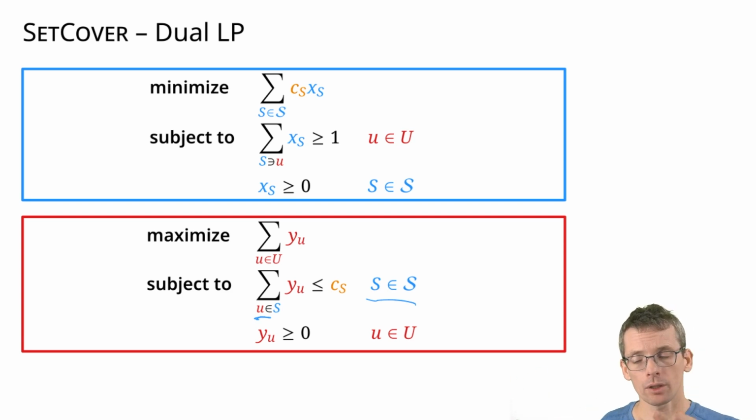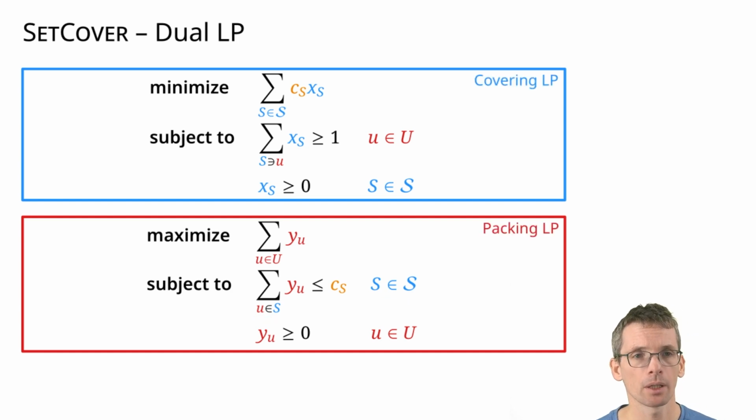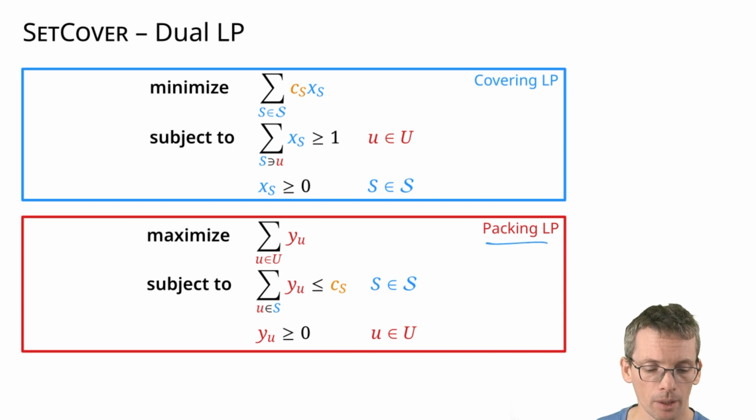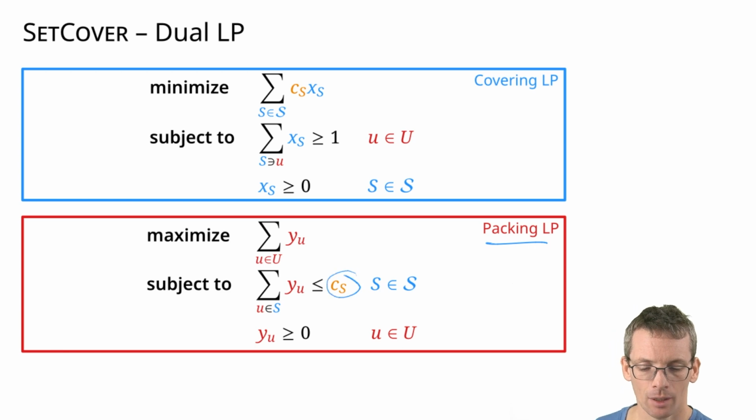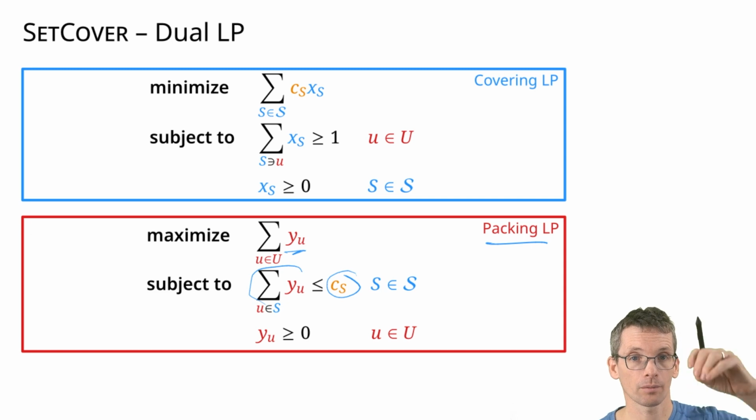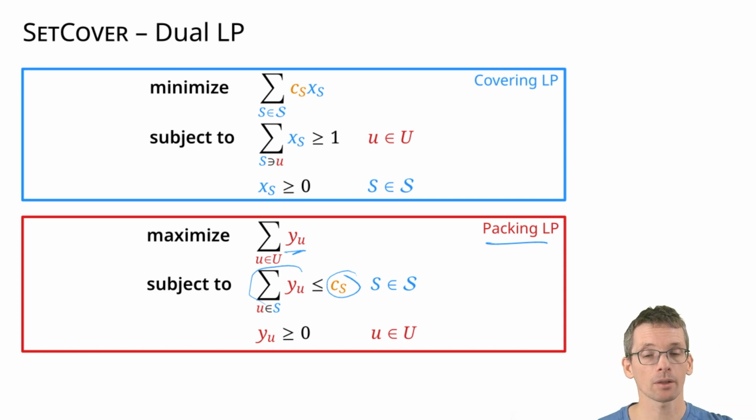One intuition here is how these LPs are called if they have exactly this form. The primal LP is called a covering LP, and the dual LP a packing LP. Covering should be clear, we're doing set cover, so a covering LP is intuitive. In the dual LP, why packing? Because we have these constraints cs, and we want to set the yu as large as possible so that for each of the sets, the elements that I'm packing, or the values that I assign to these elements, add up to at most the cost of the set.